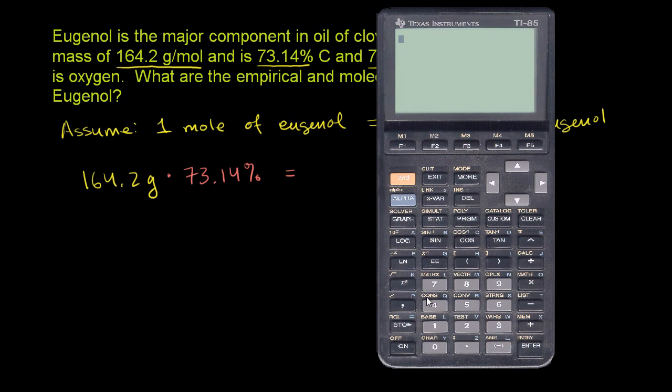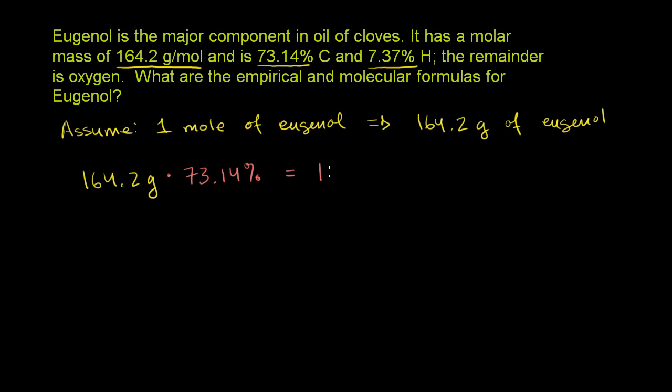We have 164.2 times, so 73.14% is the same thing as 0.7314. So we have 120.1. Let's go with that. We have 4 significant digits in each of these numbers. So let's just go with 120.1 grams of carbon.